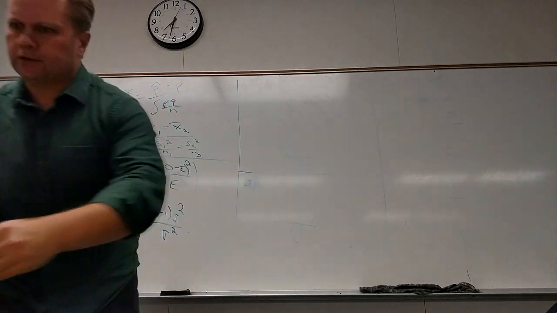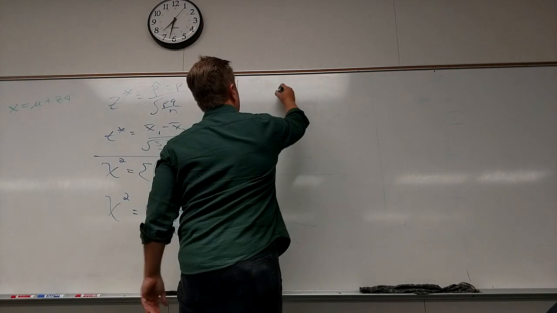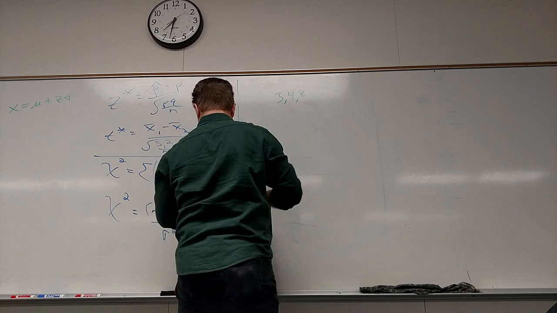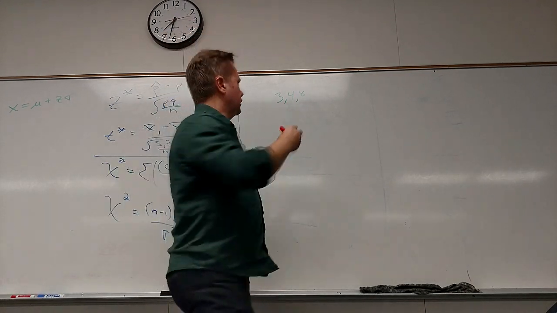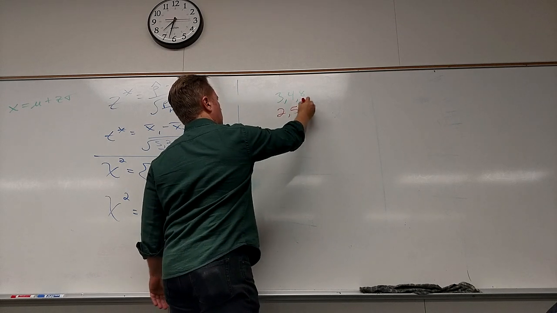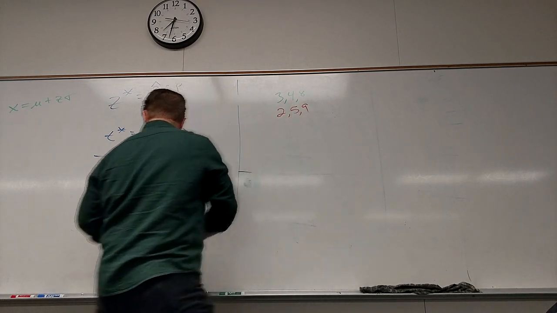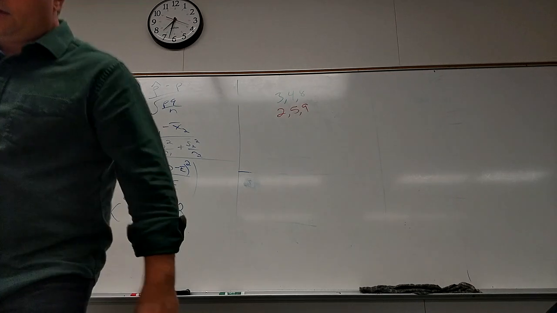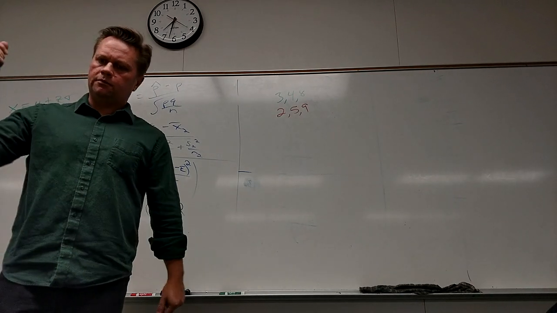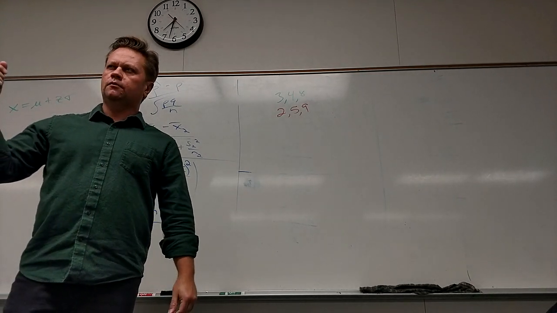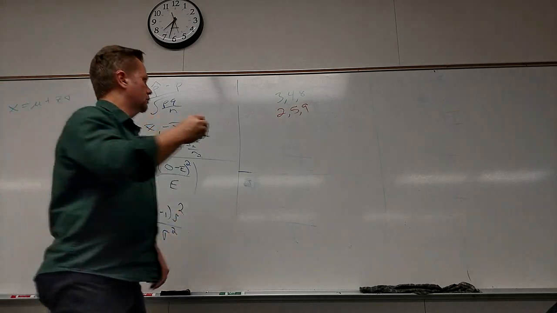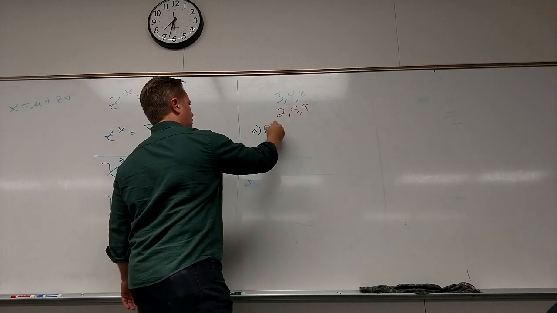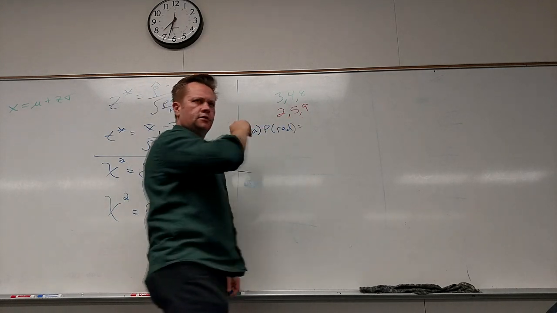And 2, 5, 9. And ask what's the probability. So I pick one piece of paper. Let's say probably get a red piece of paper. That's easy enough, right?